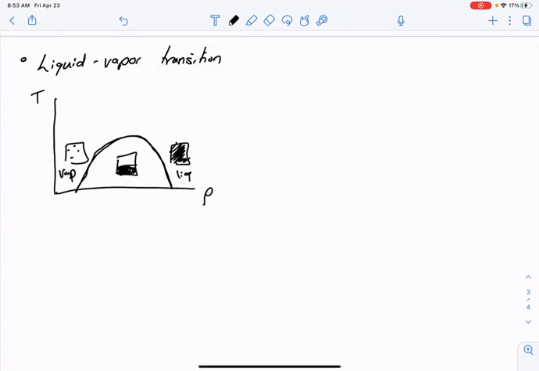We also know that if we increase that temperature above some critical point, that distinction between the liquid and its vapor goes away. So above here, there is no meaningful distinction between a liquid and its vapor. The order parameter, the fundamental quantity that distinguishes the liquid from the vapor, is thus the density.